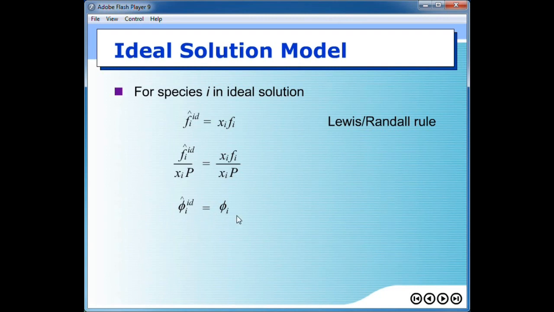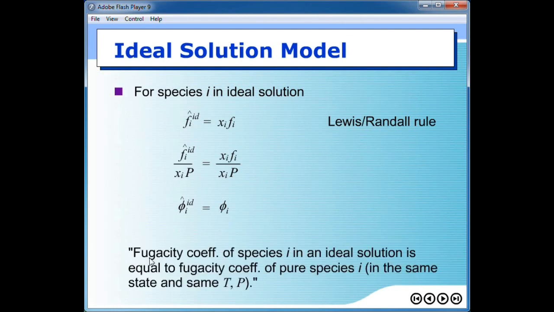So you get a relationship of the fugacity coefficient. The one on the left-hand side is in mixture. The one on the right is pure species. Essentially, the Lewis-Randall rule states that the fugacity coefficient of species i in ideal solution is equal to the fugacity coefficient of the same species in pure state.